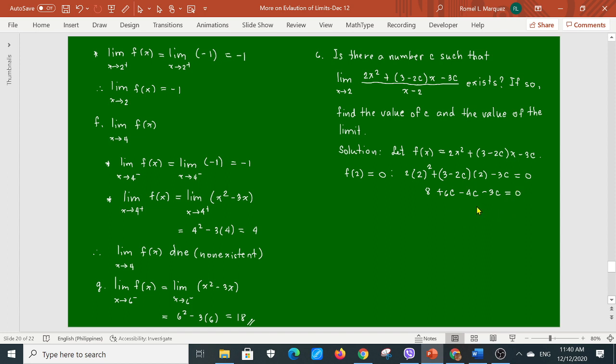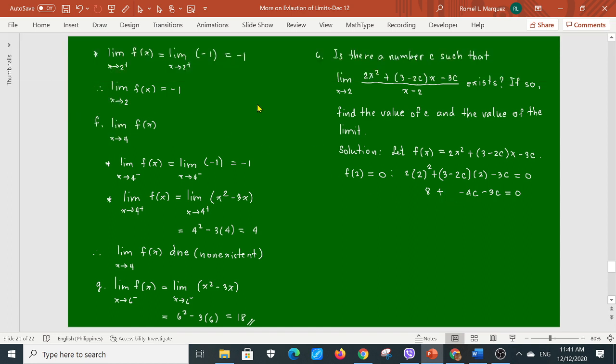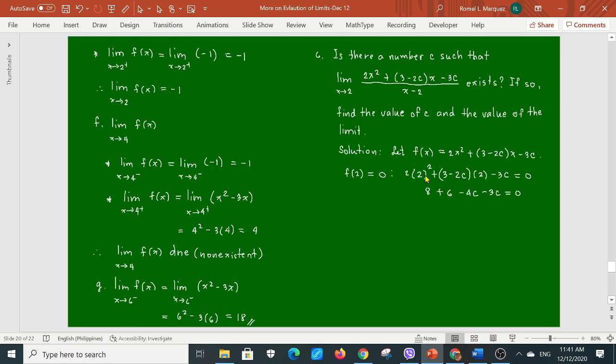So, sorry, this is not 6c. So this is just 6. So 2 times 4, 8, plus 6 minus 4c minus 3c, giving negative 7c. Is that correct, guys?